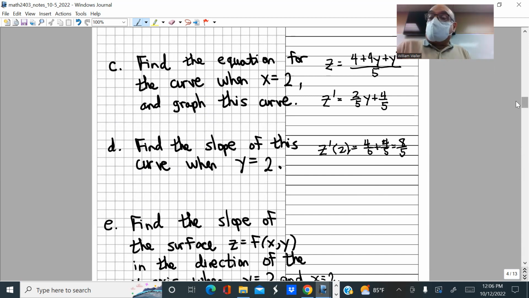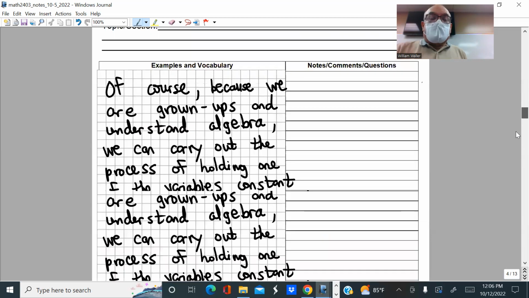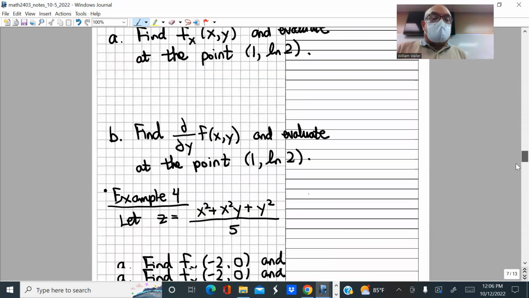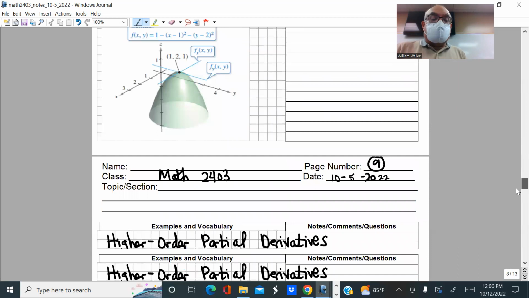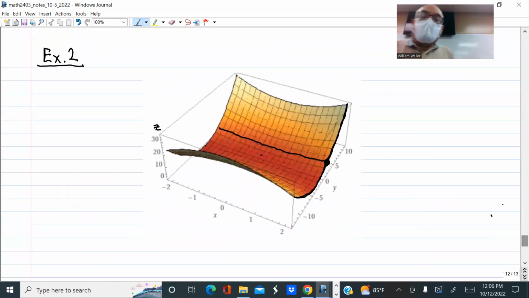So now we can answer a simple question about the surface. What's the slope of the surface in the direction of the y-axis at this point where y equals 2 and x equals 2? Well, that's exactly the point we were dealing with in the previous part, where we were thinking about the slope of this parabola when x equals 2.